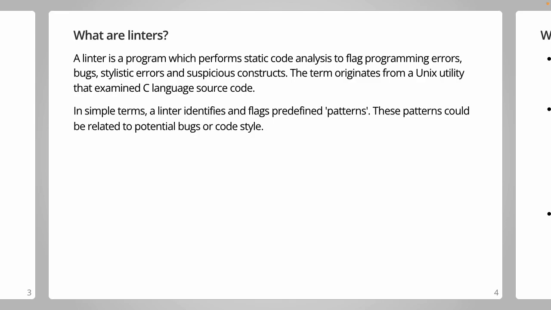And in simple terms, you can basically think of it as a program which can identify and flag predefined patterns. These patterns are basically what we consider as of interest. It really depends on the person writing the linter, but it can flag such patterns. And these patterns can either be related to potential bugs or code style.